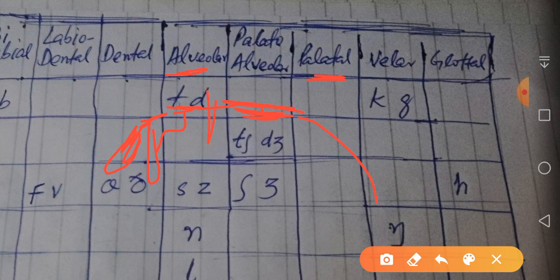Now this place between them, the hard palate and the alveolar ridge, is known as palatal alveolar, palate and alveolar.